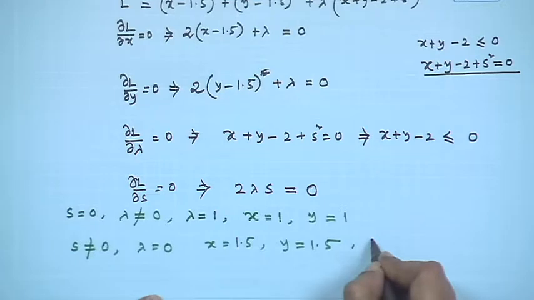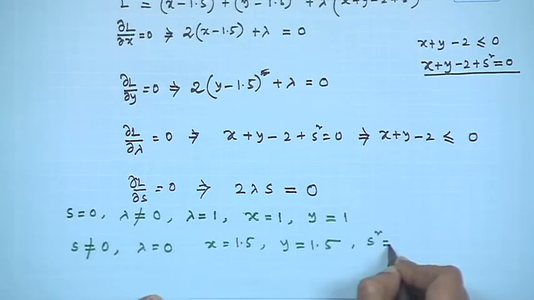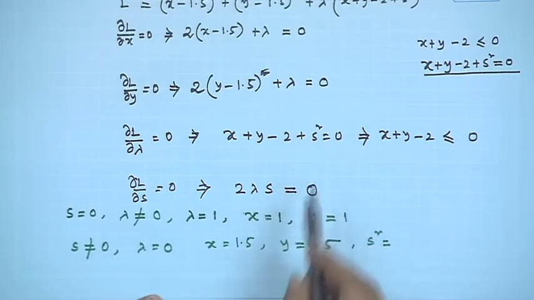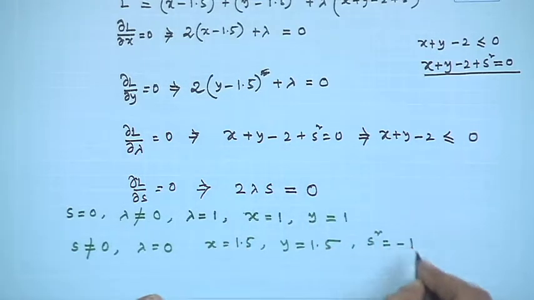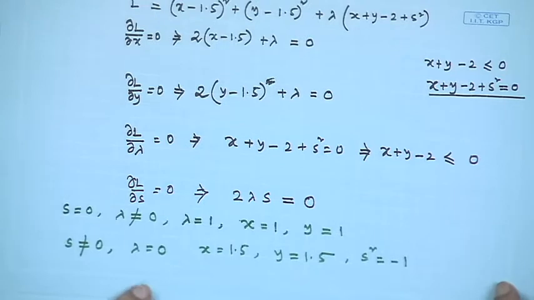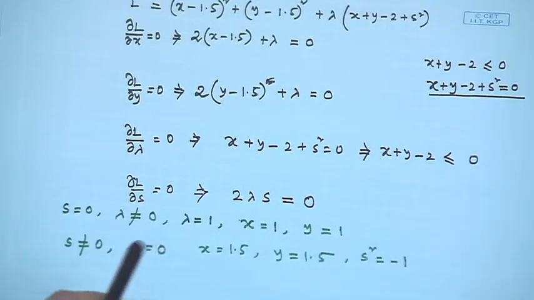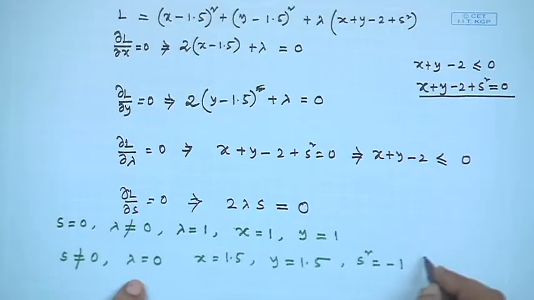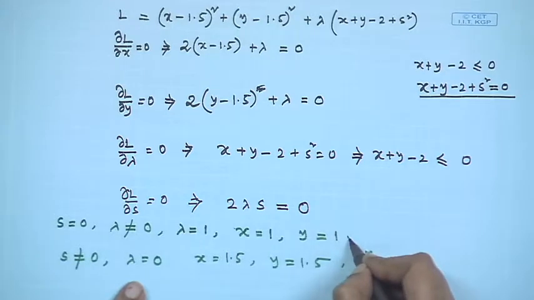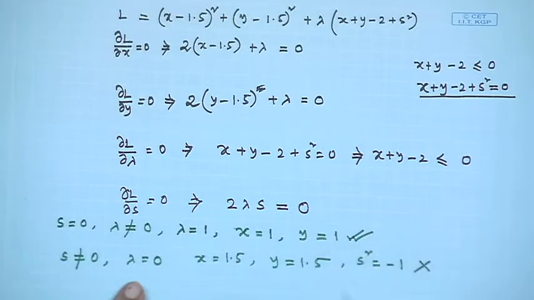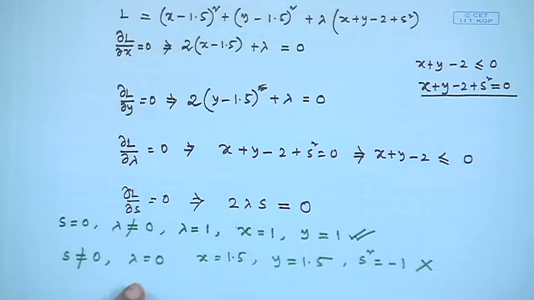We will get the value of s square, if we substitute, 3 minus 2, s square is equal to minus 1. Now, from here we can say that this is not a feasible point, because s square must be positive, as we know. Then the only optimal solution is this one, x equal to 1 and y equal to 1.